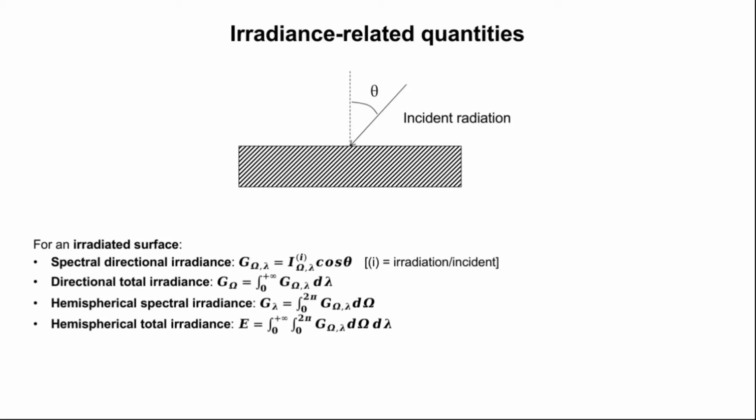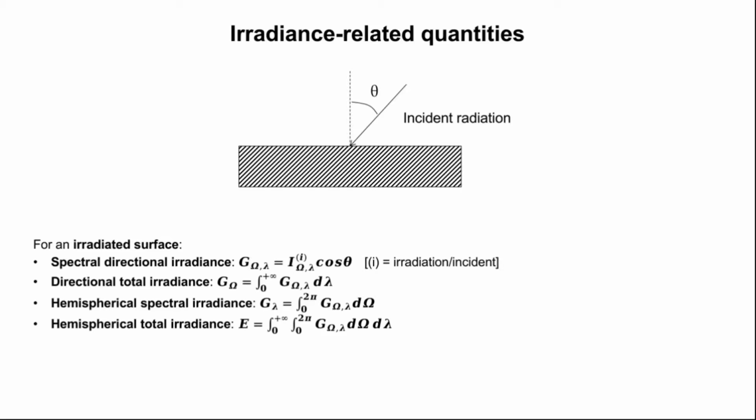Similarly, if we consider radiation incident on a surface, we can obtain the irradiance-related quantities. The spectral directional irradiance is the intensity of the incident radiation times the cosine of theta, which is the angle of incident radiation with respect to the normal of the surface.